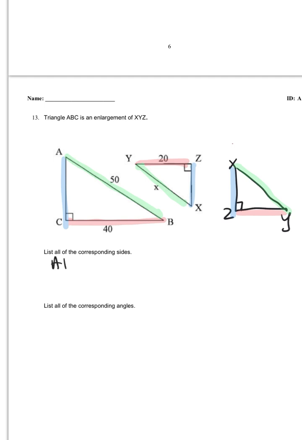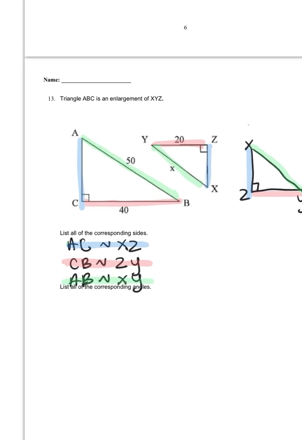A to C, not AB, sorry, is corresponding to XZ, which is your blue one. Then your next one is CB is similar to ZY. That is my red one. And then the last one is AB is similar to XY. And for me, this is my green one.